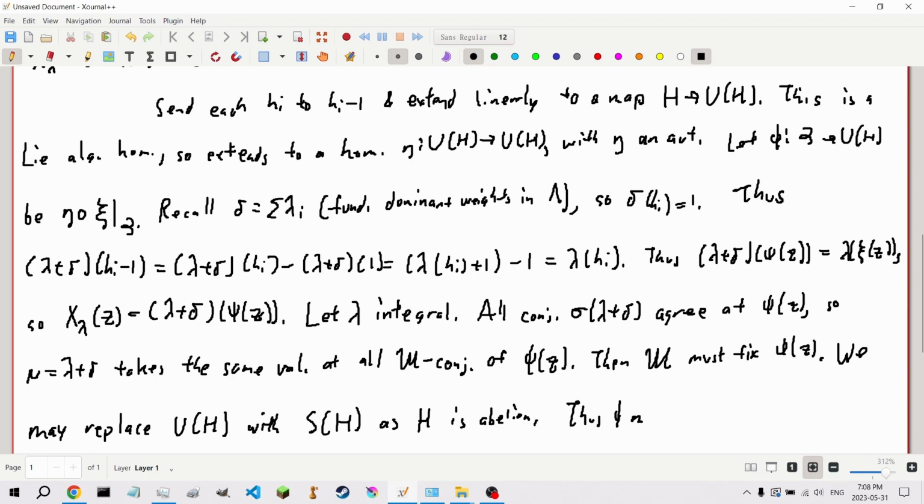Thus, C maps this into the elements of the symmetric algebra fixed by the Weyl group.